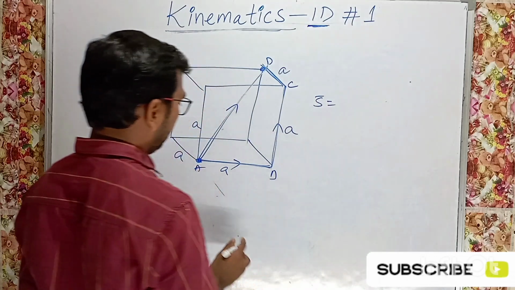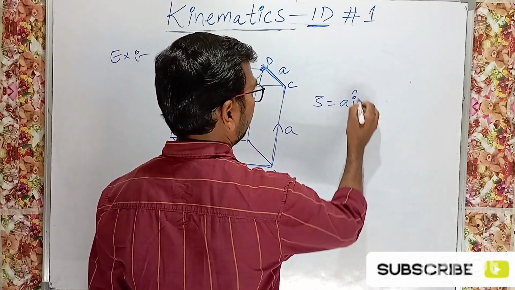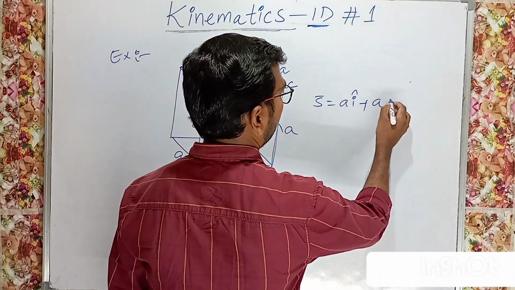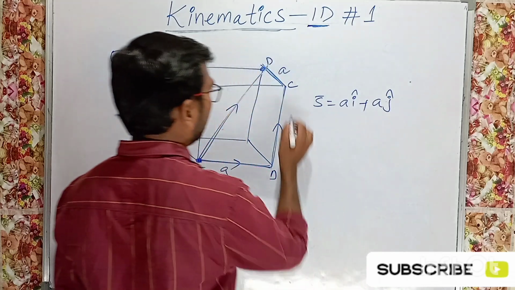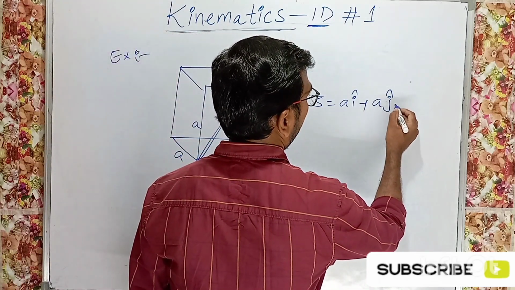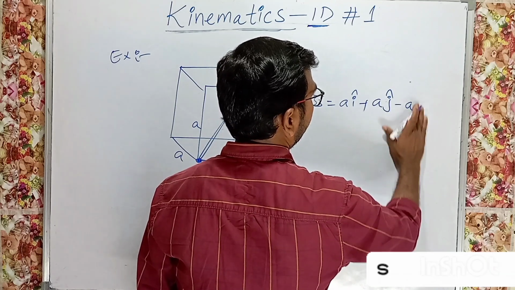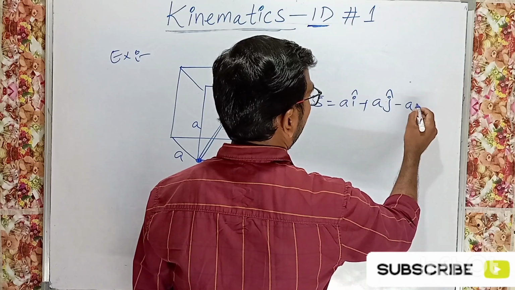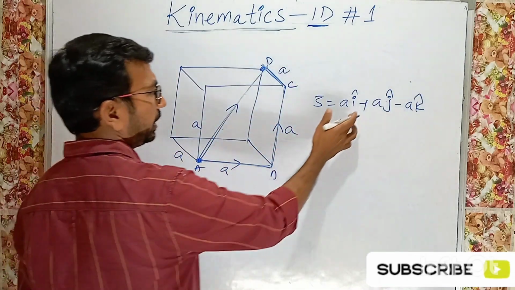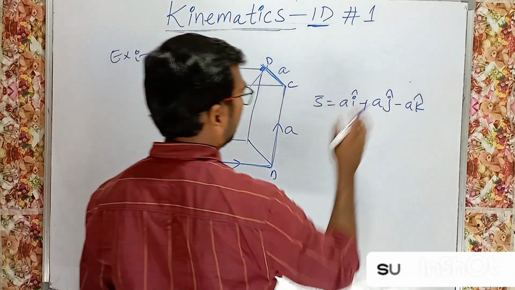Displacement is equal to A to B, A I cap, plus B to C, A J cap, and C to D, minus A K cap. So along the x-axis I cap, along the y-axis J cap, along the z-axis K cap.